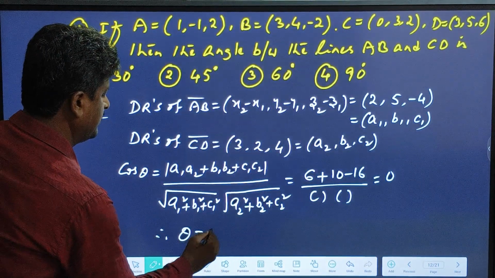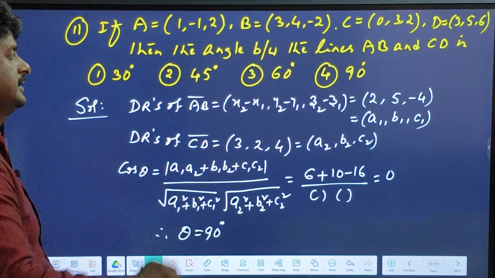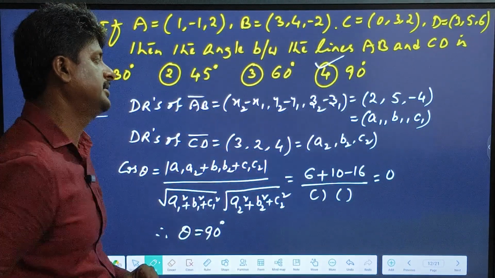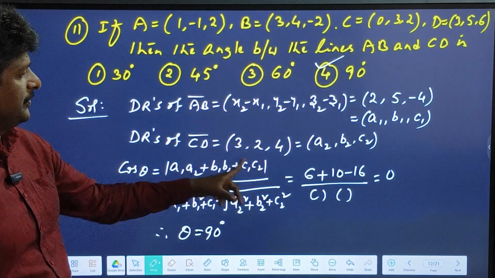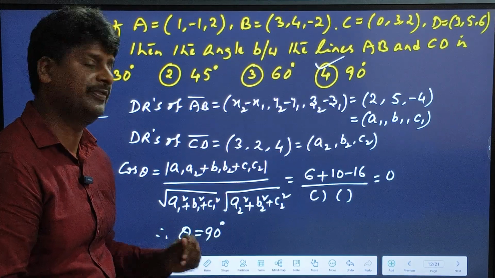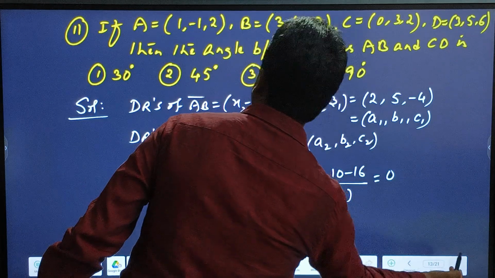Therefore, theta is equal to 90 degrees. So such two lines are perpendicular to each other. The condition A1 A2 plus B1 B2 plus C1 C2 is 0, that's why the angle between them is 90 degrees.